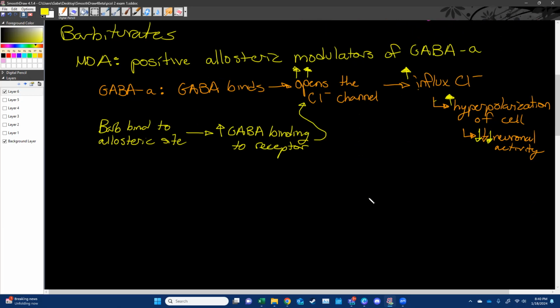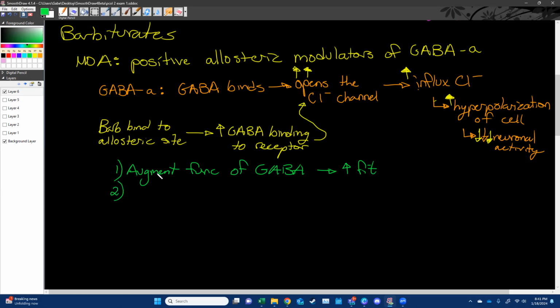So just to summarize what these effects are, the three effects that you must remember about barbiturates. The first is that they augment the function of GABA. By that, we mean that they increase the fit, so GABA binds to the receptor better.